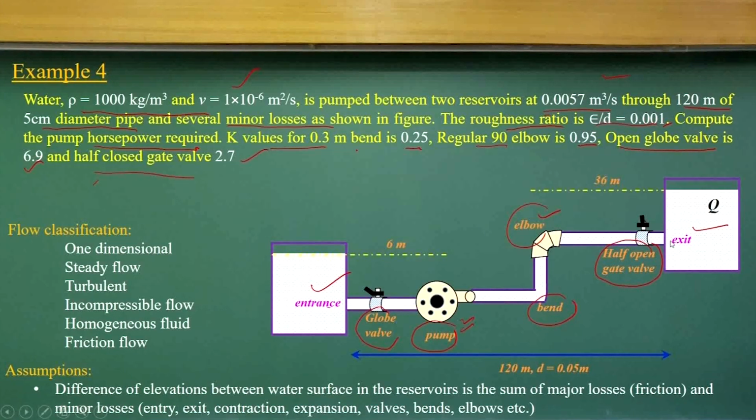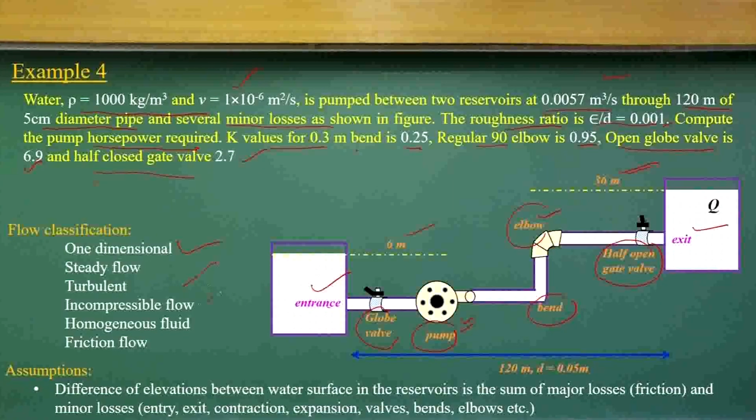Entry and exit we already discussed. So, we need to compute how much energy is required at the pump, given 6 meters and 36 meters, the difference between them being 30 meters. So, here we have major losses and minor losses.